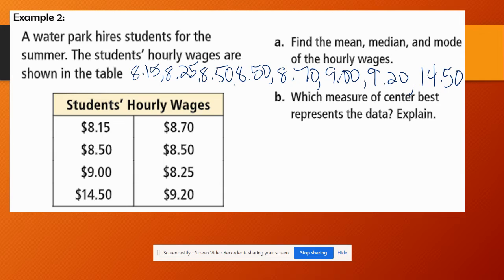My mean then, adding up all these values and dividing by 8, is going to give me a mean of 9.35.